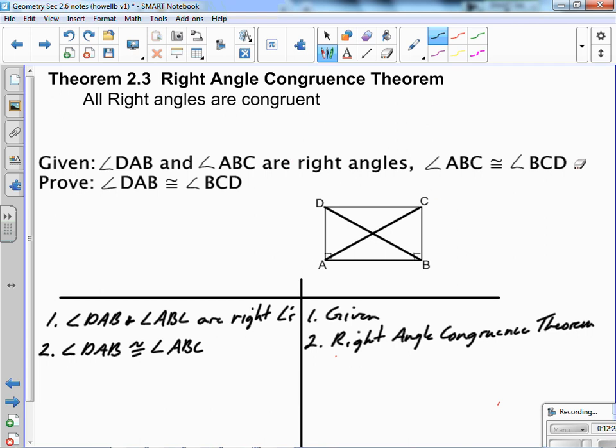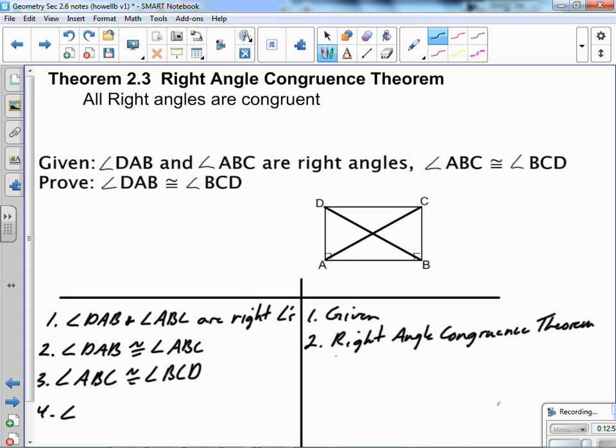So we look to see if there's more given, and there is another piece of the given. So we can say that angle ABC is congruent to angle BCD. And so since DAB is congruent to ABC and ABC is congruent to BCD, they're both congruent to ABC, so that means that DAB and BCD would be congruent to each other.